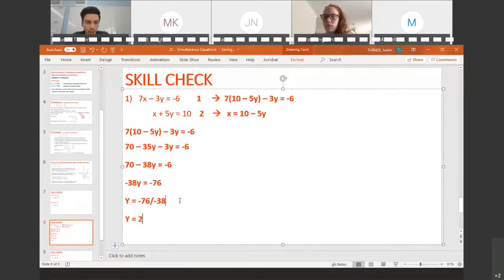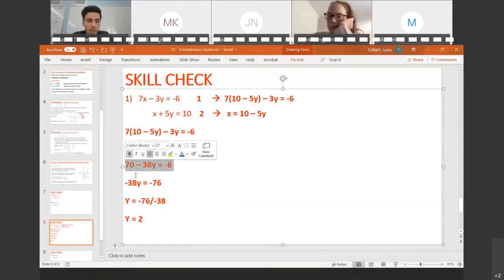Now that I've got that, I'm just going to get rid of some of this working here. How is it negative 70? So what I've done is this, after this step here, I've subtracted 70 from both sides of the equation.